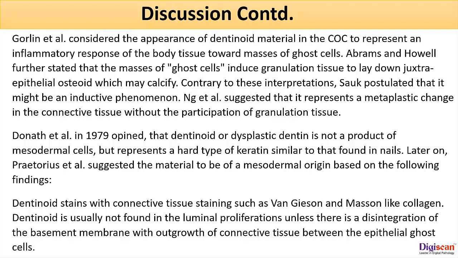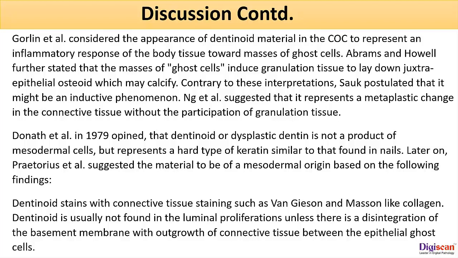Contrary to these interpretations, Sauk postulated that it might be an inductive phenomenon. Ng et al. suggested that it represents a metaplastic change in the connective tissue without the participation of granulation tissue.